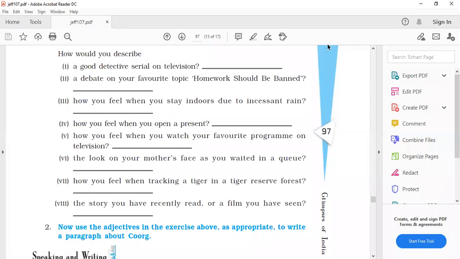Why are those places famous? What are the worth-seeing places? Any specialty of food? Anything special about the people living there? You can mention 3, 4, maximum 5 points according to that particular place. So paste 3 pictures in your notebook and write maximum 5 points about each place.